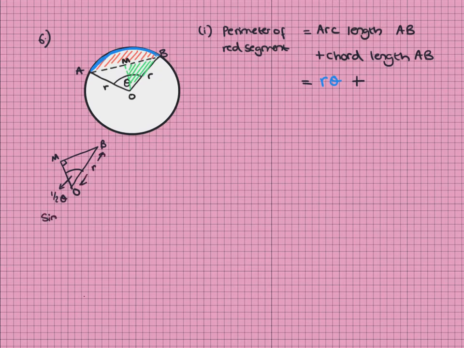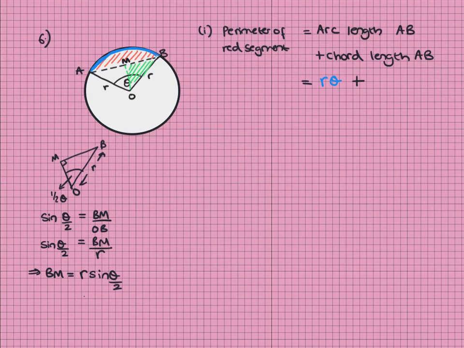So we know that sine of a half theta, or theta over 2, is the opposite, MB or BM over OB, the hypotenuse. So sine theta over 2 is equal to BM divided by R, which tells me that BM is equal to R multiplied by sine theta over 2.